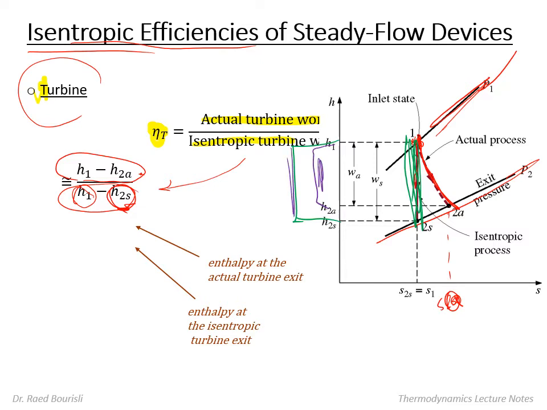Why did this increase? Because some of this work input, some of this kinetic energy, some of this flow work of the actual turbine translated, due to irreversibilities, into heat, friction, and an increase in temperature, and an increase in entropy. If it had no irreversibilities, no friction, nothing, then the temperature of the exit at the actual state would not be as high.